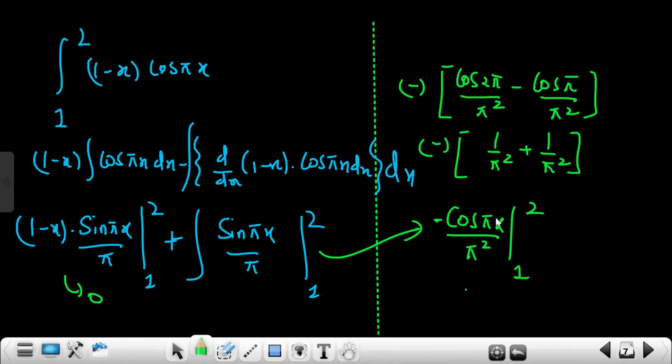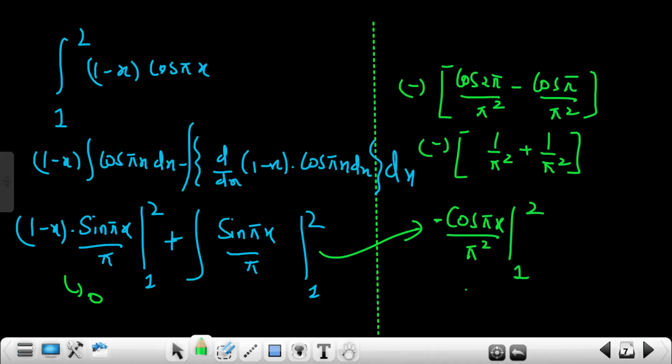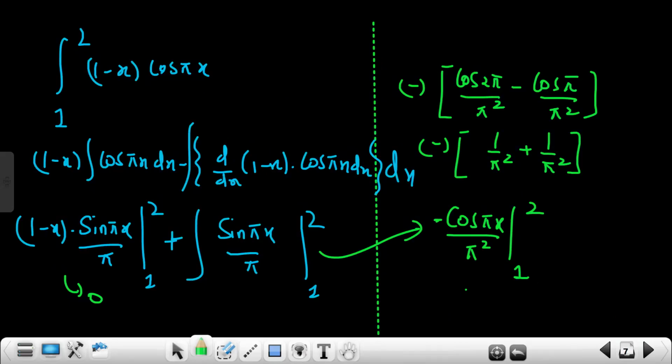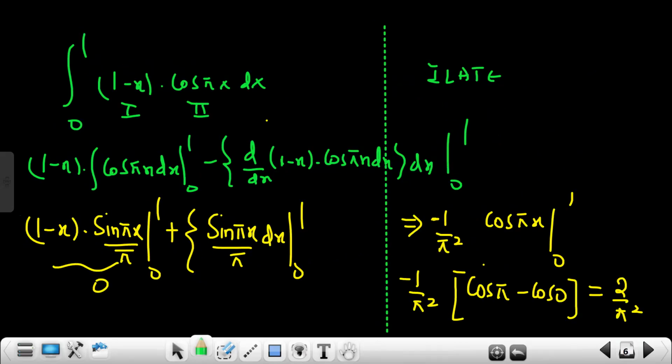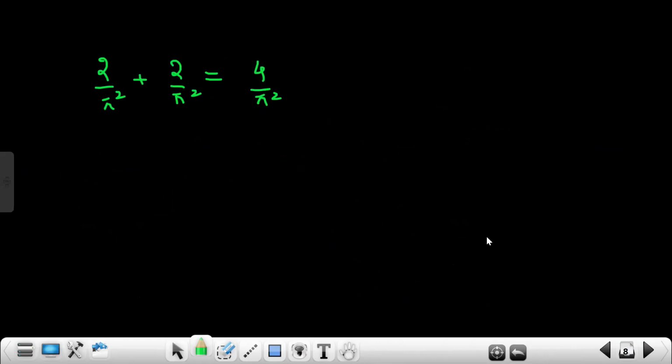So this is 2 by pi square. So eventually what did we get? 2 by pi square plus 2 by pi square, 4 by pi square. And pi square is outside also, so if we multiply that here, we will get 4 as the answer.